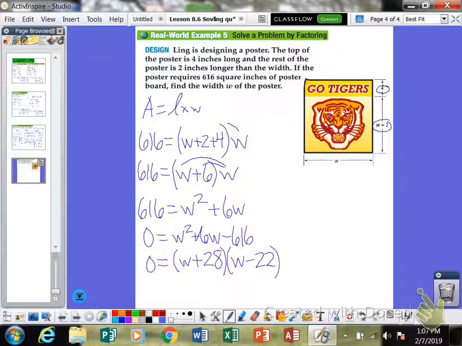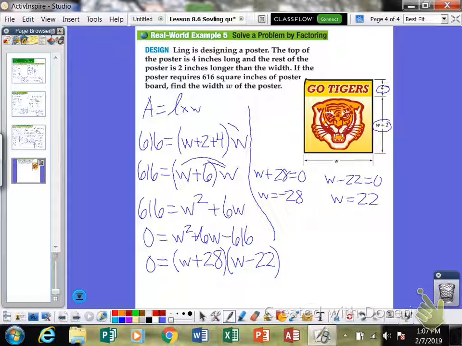So now we want to set both of these equal to 0. So we'll just draw a little line here. We have W plus 28 equal to 0. Subtract 28 from both sides and get W equals negative 28. And W minus 22 is equal to 0. Add 22 to both sides and get W equals 22.